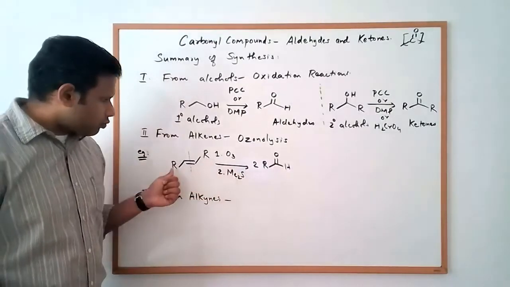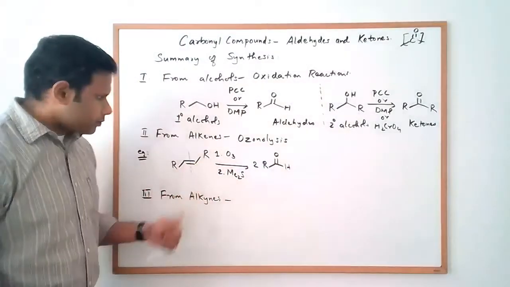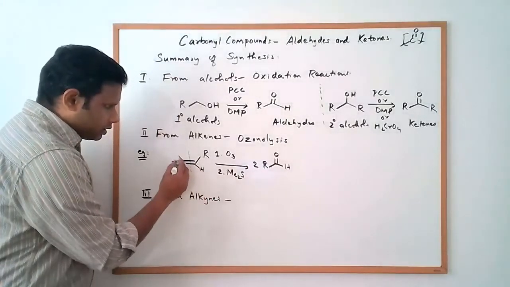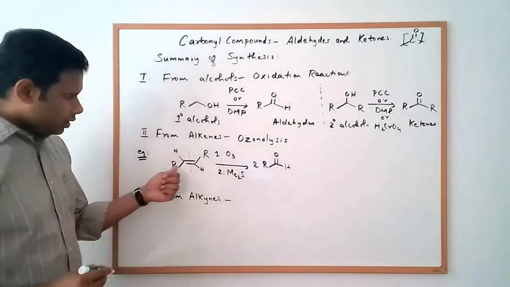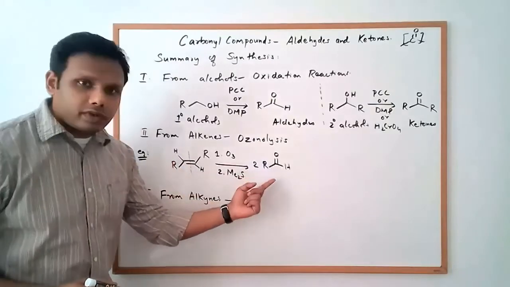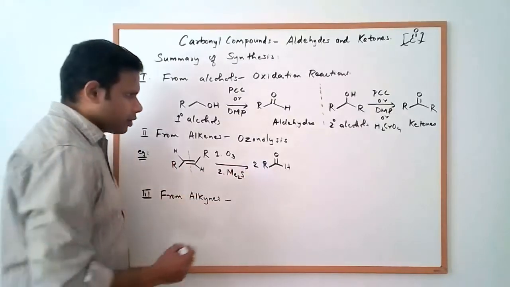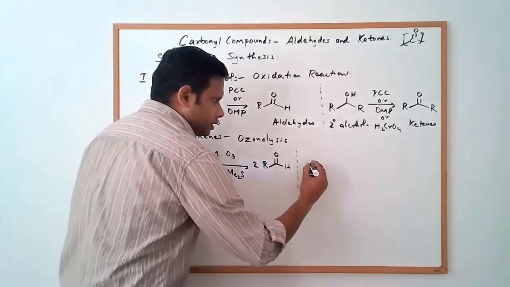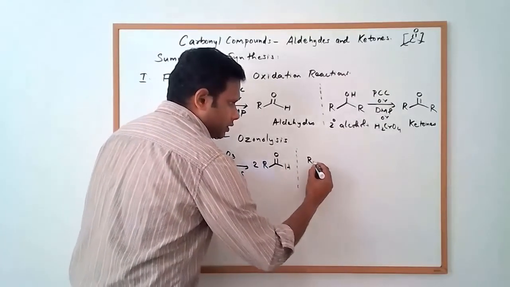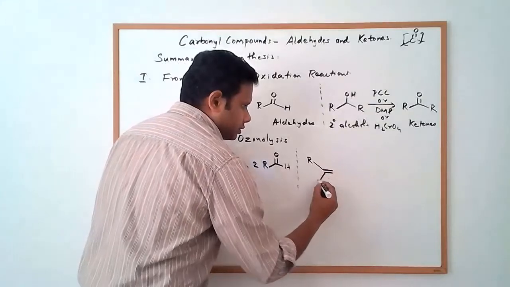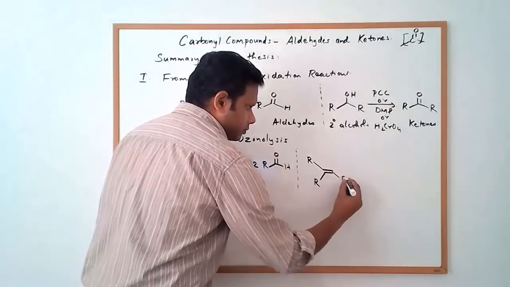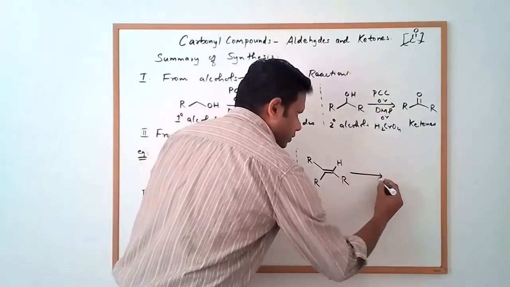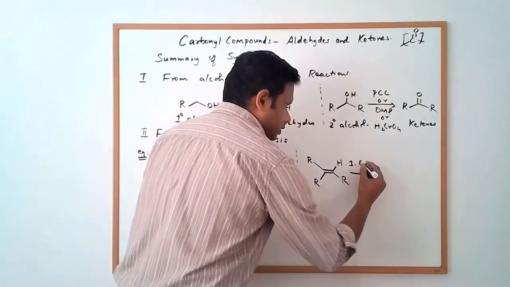Now, it really depends on what these R groups are, okay? And this is a di-substituted alkene that we've used here. So there are two hydrogens there. That's why we are getting an aldehyde as a product. Contrast that to an example where we use a tri-substituted alkene, let's say. We do an ozonolysis on this.